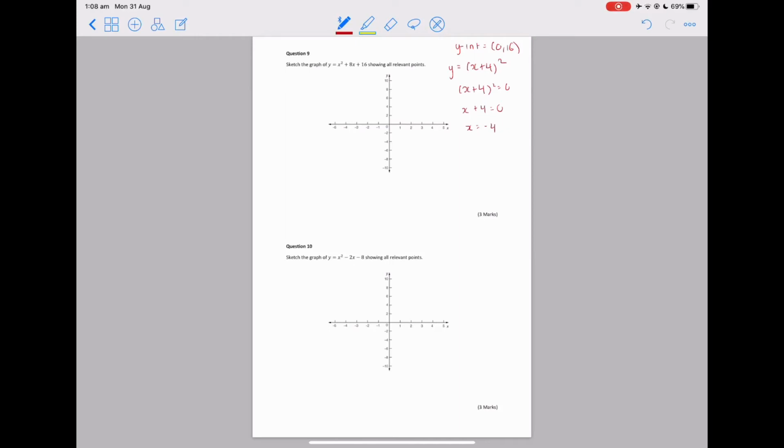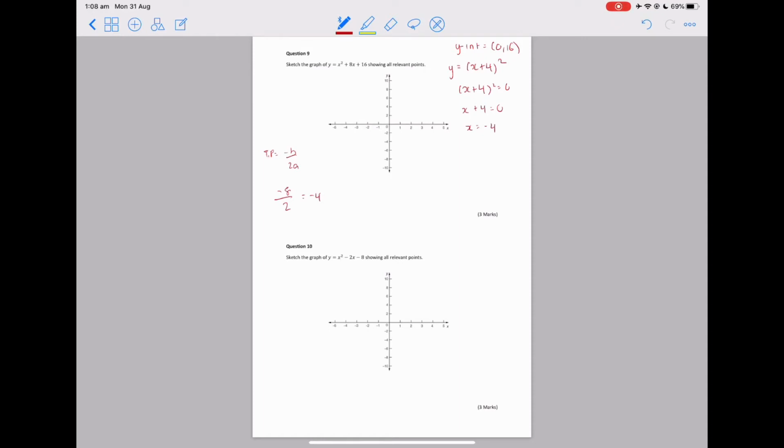And last thing I'm going to do now is just find out what is my turning point. So in this case over here, to find out your turning point, you could use the formula, TP is equal to -b on 2a. So if you do this, -8 on 2 is equal to -4. Okay, coincidence, that's your x-intercept. And what we'll do now is we'll substitute that into our formula to find out what is the corresponding y value.